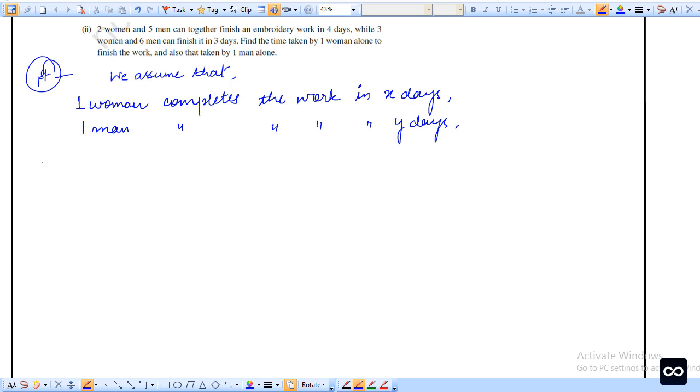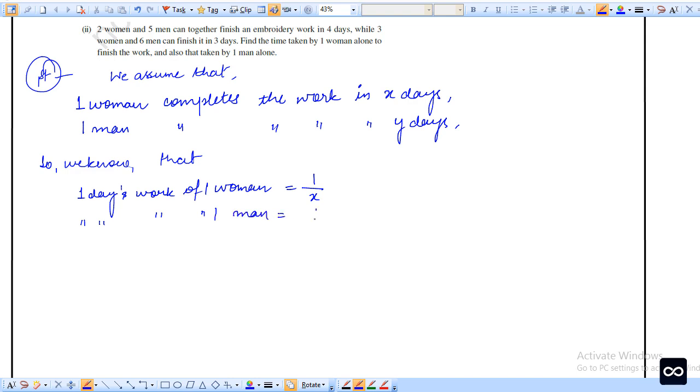Okay, so we know that one day's work of one woman is equal to 1 upon X, and one day's work of one man will be 1 by Y, right?